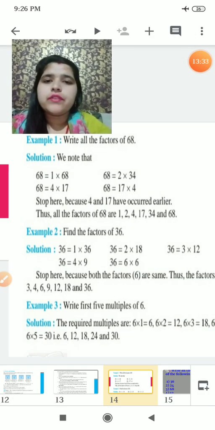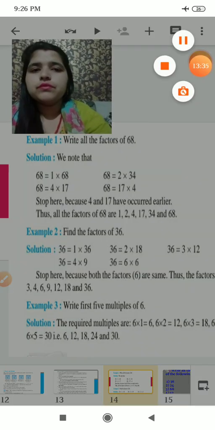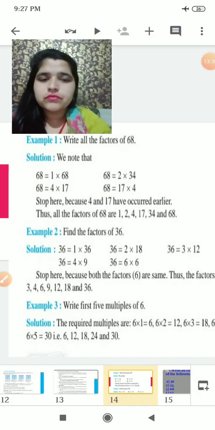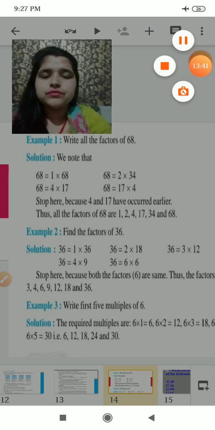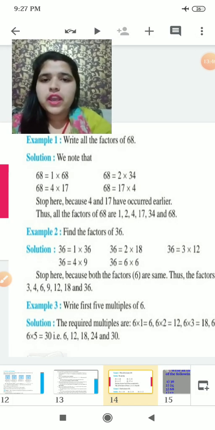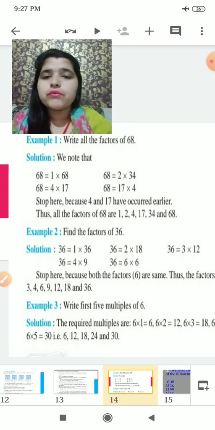So here we have some questions. Write all the factors of 68. It means we will start from 1.